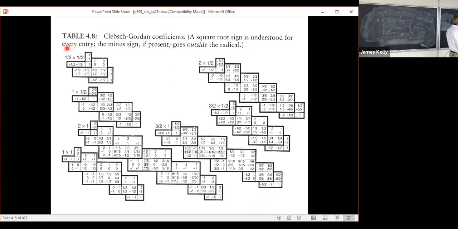Here we're saying, I've got a spin 1/2 particle and a spin 1/2 particle. It tells me, when we have the combined spin state, combined S equals 1, combined M sub S equals 0, that's equal to some linear combination in the table of the individual states.